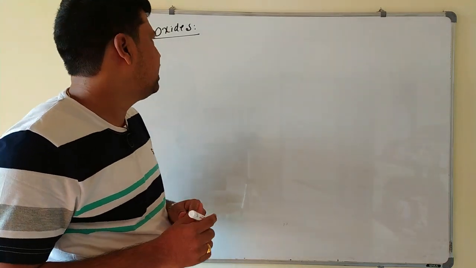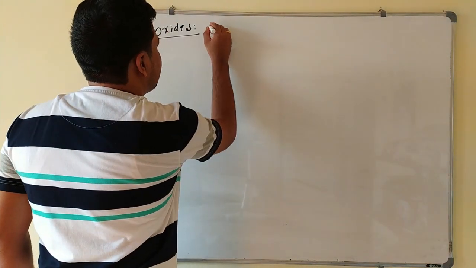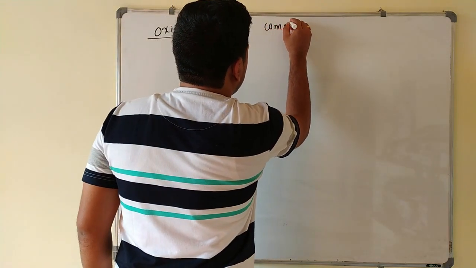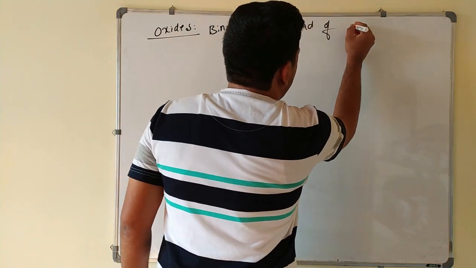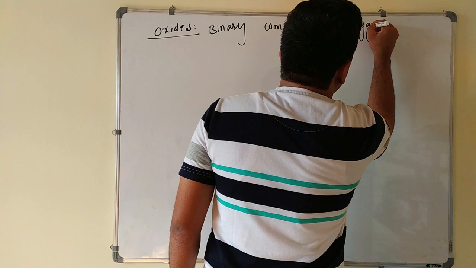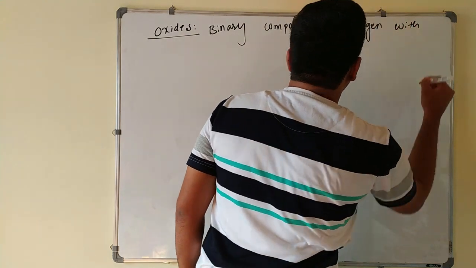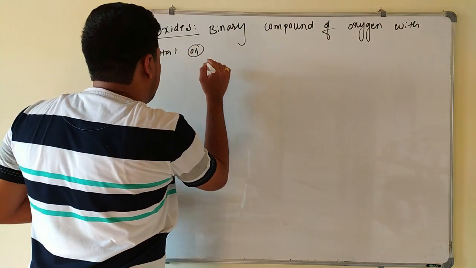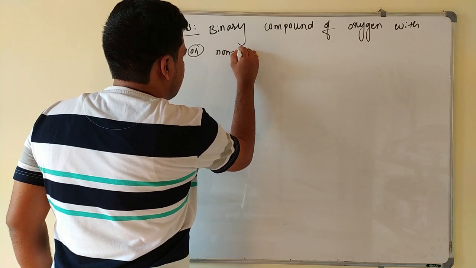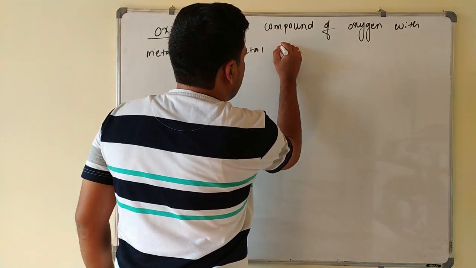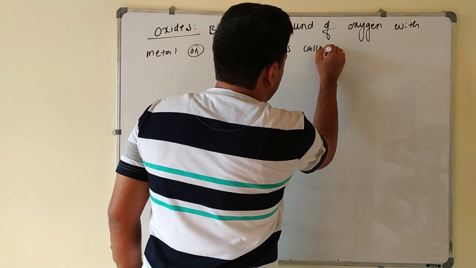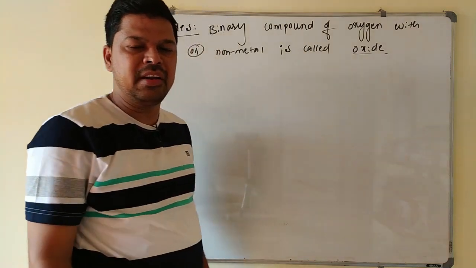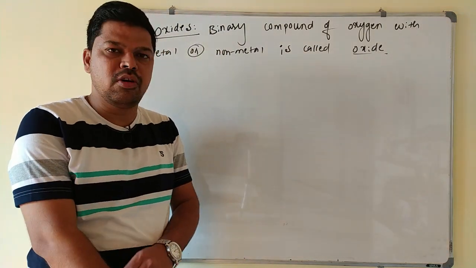We can call it a binary compound of oxygen with metal or non-metal, and it is called an oxide. Simply, you combine oxygen with any metal or non-metal, that will be called an oxide.